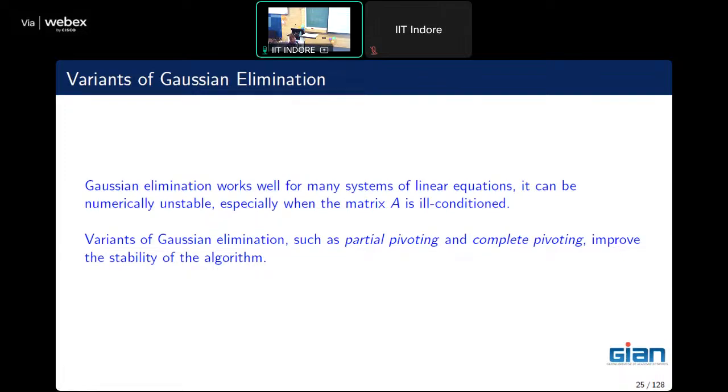The full pivoting decomposition is stable, but it is very expensive. That's why people don't often use full pivoting. Partial pivoting is useful, but it sometimes gives wrong results.